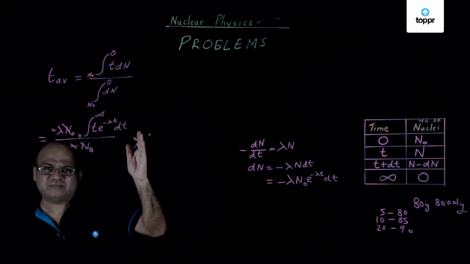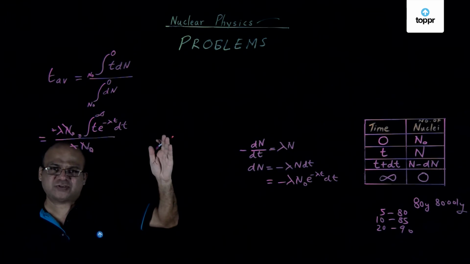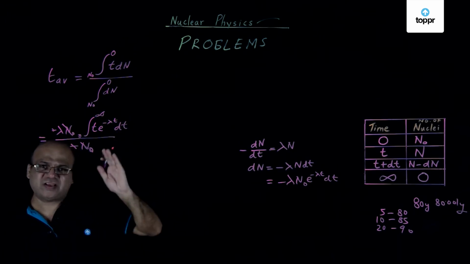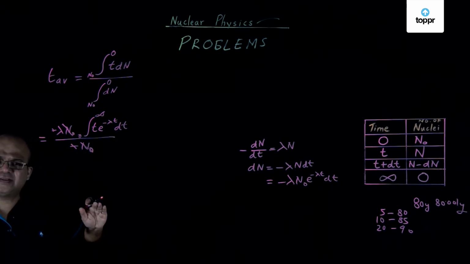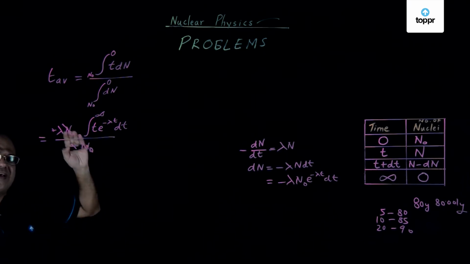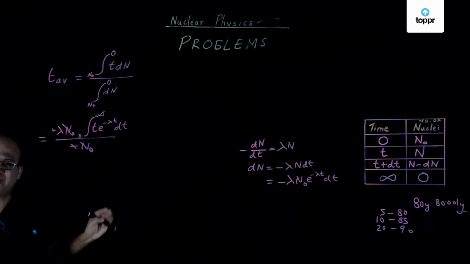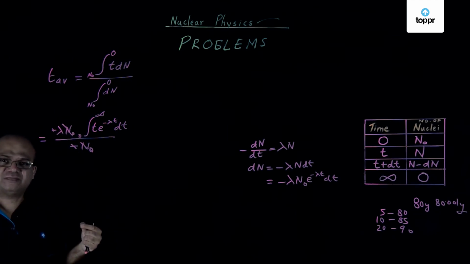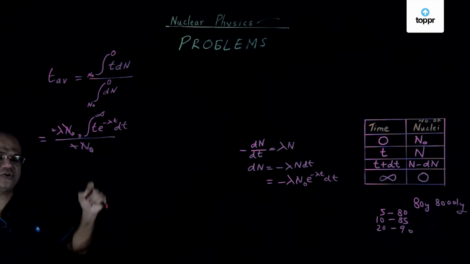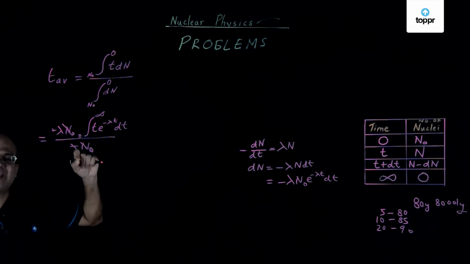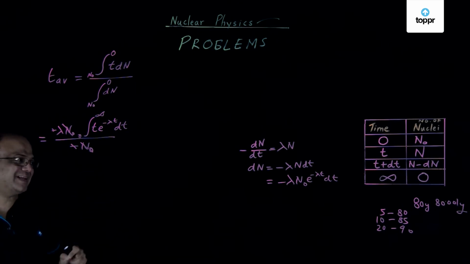This integration is the product of two functions. This integration we can do by parts. How to do integration by parts? We first of all decide which function is the first function and which is the second function. First function should be easy to differentiate, second function should be easy to integrate.